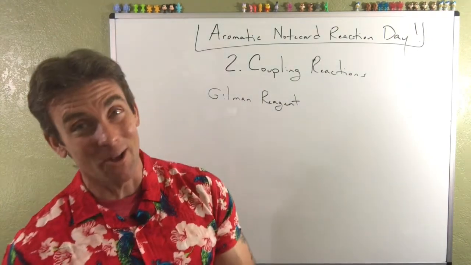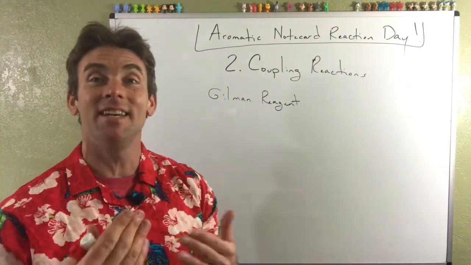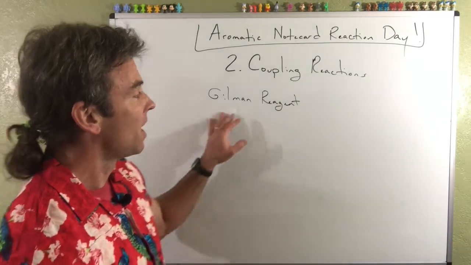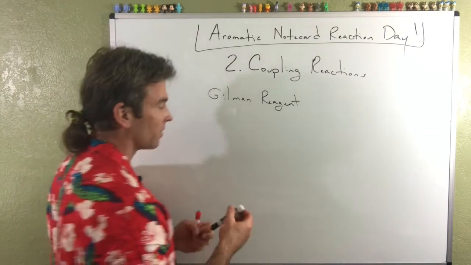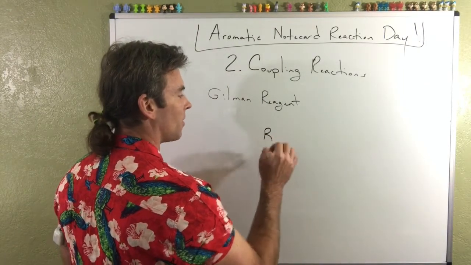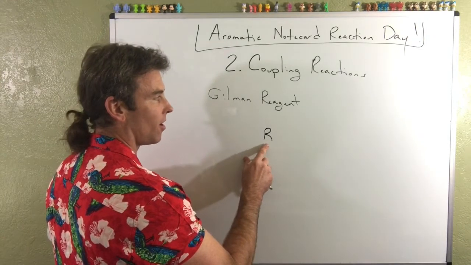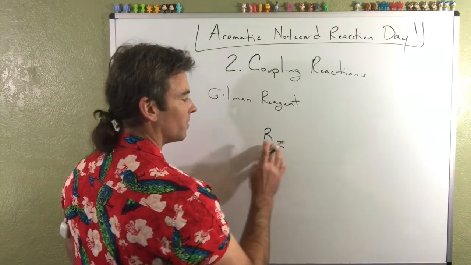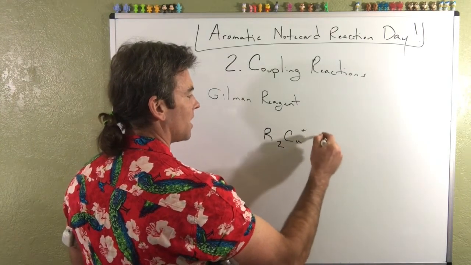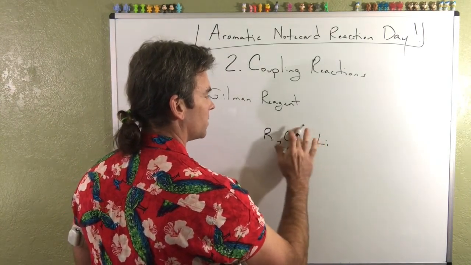Not to say that they're all catalytic, but you get the idea that multiple oxidation states are pretty helpful in terms of reactivity. So Gilman reagent, what are we looking for? Well, it's any kind of organic part that I'm going to represent as an R. There are generally two of them.